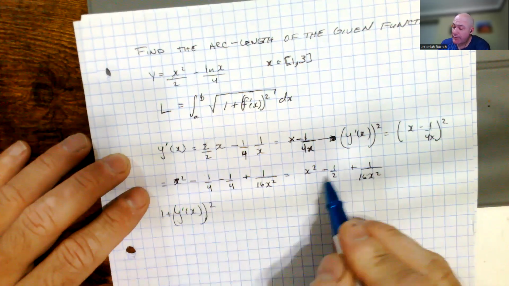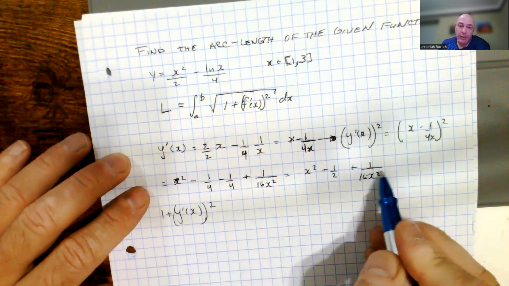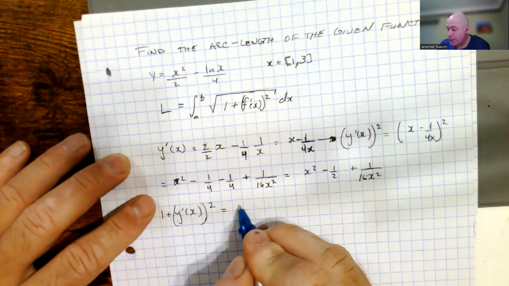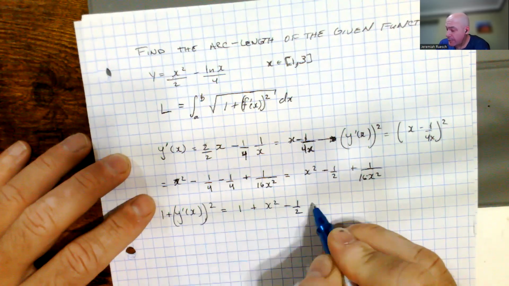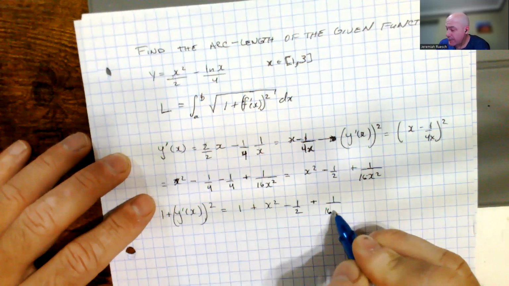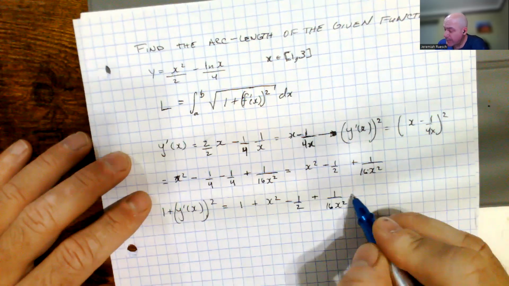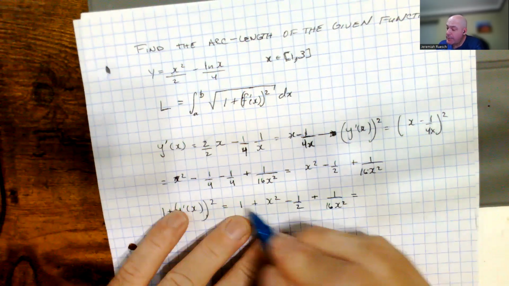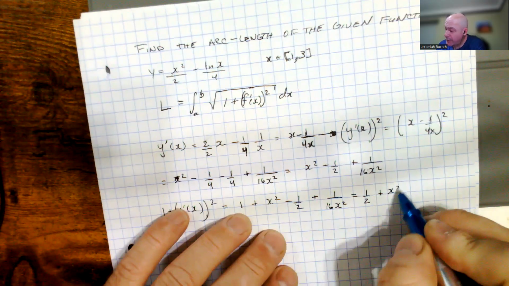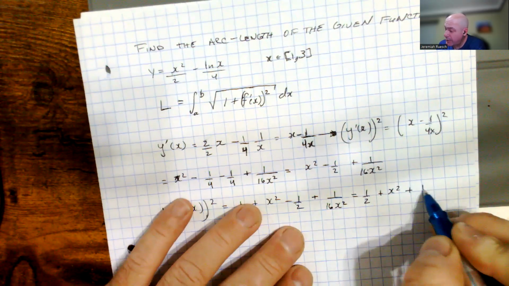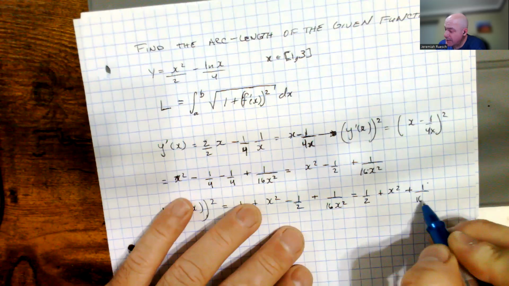We know what y prime of x squared is. That's this whole wonderful thing over here. So we have 1 plus x squared minus 1/2 plus 1 over 16x squared. Okay, so the 1 minus the 1/2 gives us 1/2 plus x squared plus 1 over 16x squared.